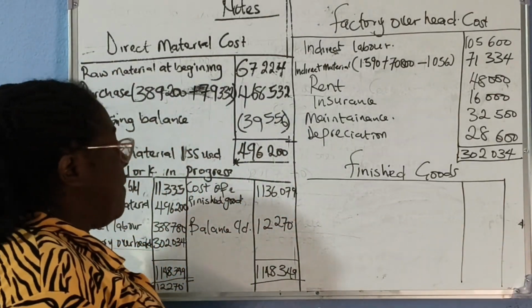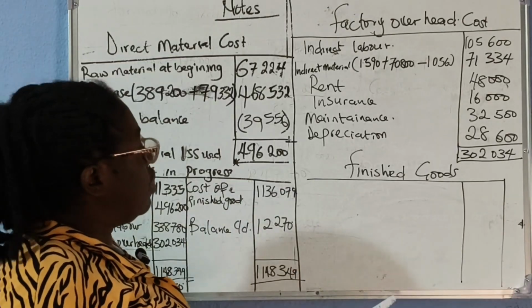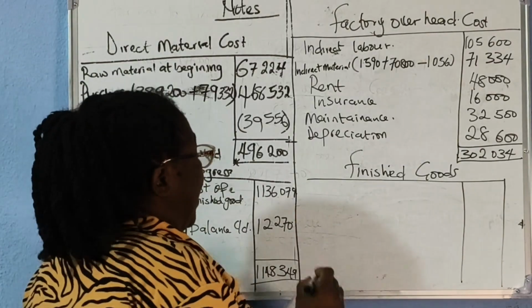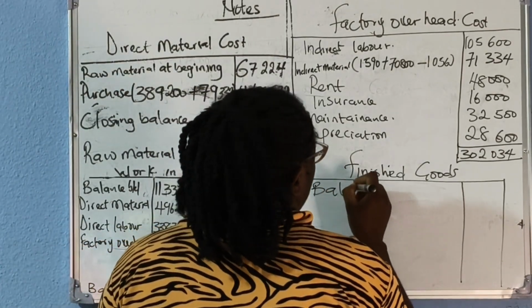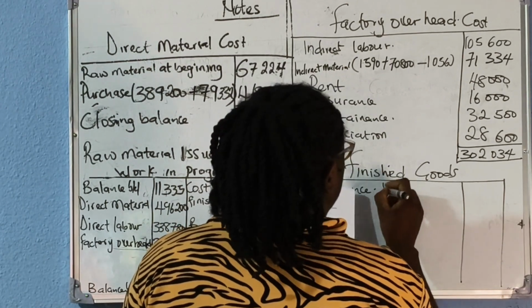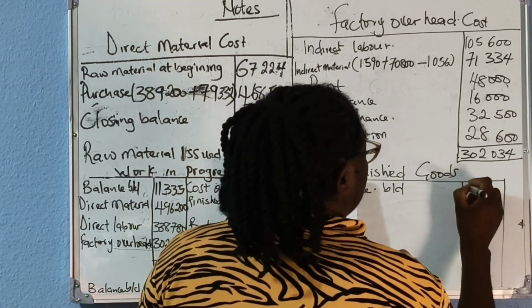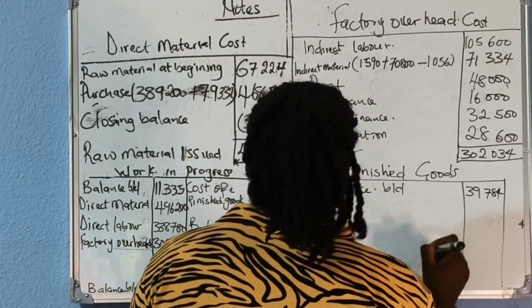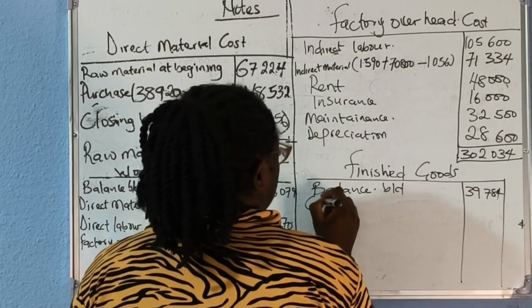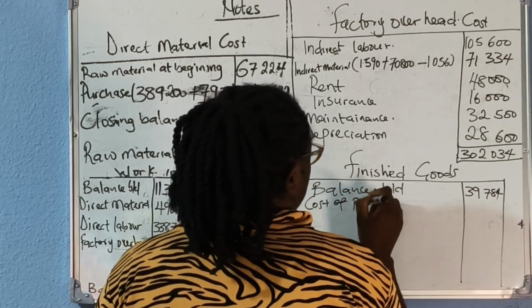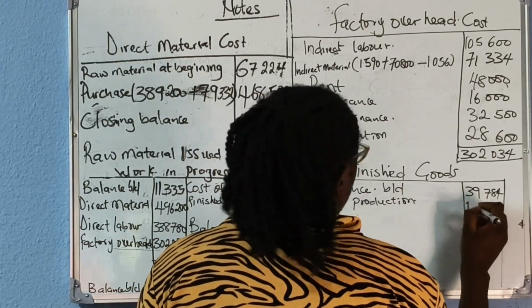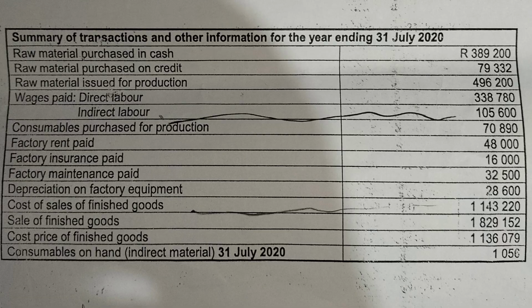So now we can get our finished goods. The opening balance of our finished goods, the balance brought down for our finished goods, stands at 39,784. So we bring in our cost of production, which is 1,136,079.